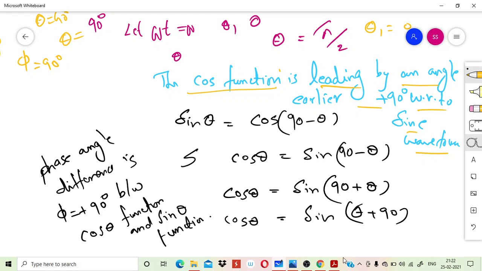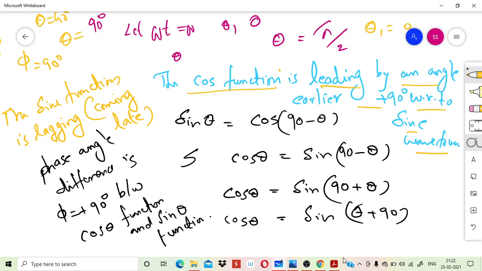The cos function is leading, or you can say the sine function is lagging, lagging meaning appearing late, by 90 degrees with respect to our cos function.